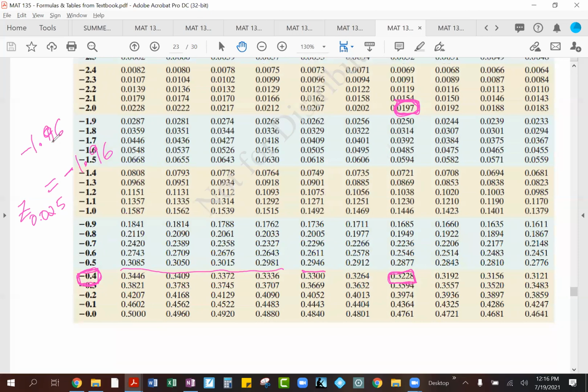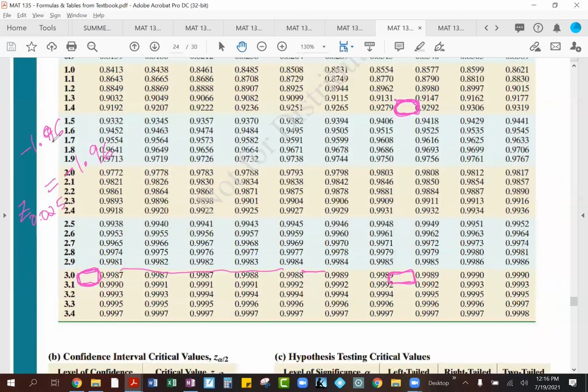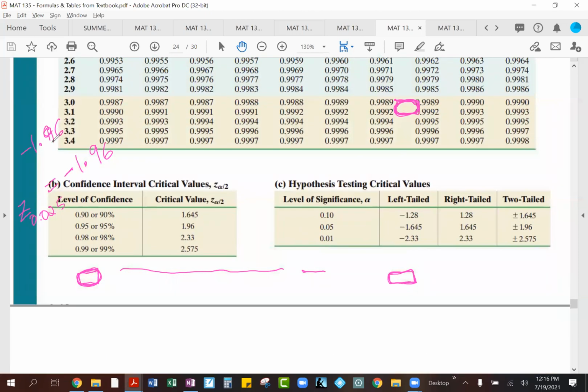And if you continue down this table over on the next page, you will see this little table at the bottom on the left-hand side, the confidence interval critical values table.